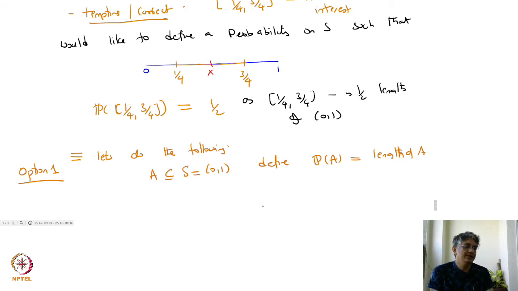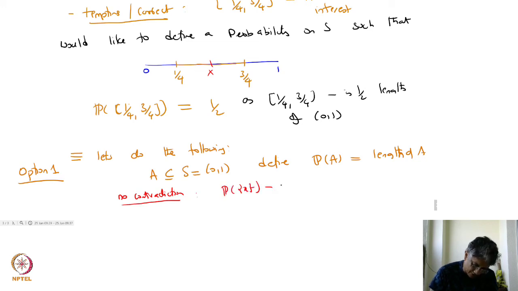So now there is no contradiction yet to our previous understanding, because the probability of the singleton x, you could think of it as the probability of the interval x, x, which is again 0. The length of that interval is 0.